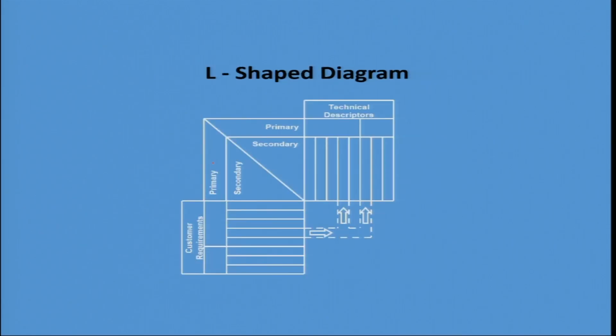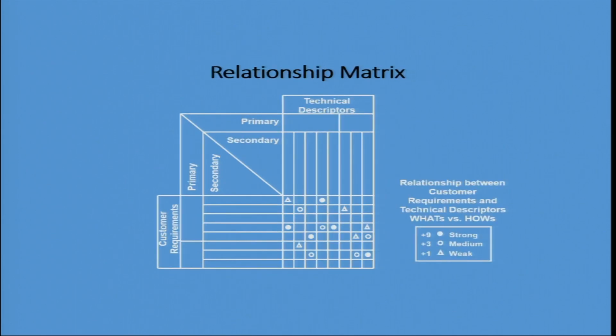After doing this, we can develop an L-shaped diagram combining the two aspects together to develop the third level of our understanding about the requirements and the technical descriptors. And then at the fourth stage, we will develop this particular relationship matrix between customer requirements and the technical descriptors, using the symbols of strong, medium and weak relationship.